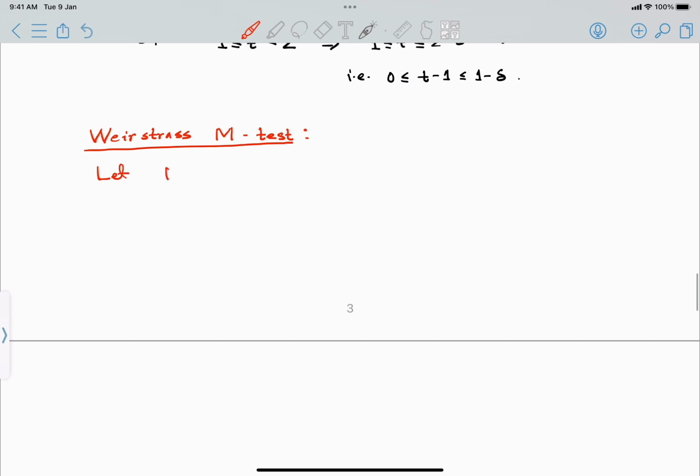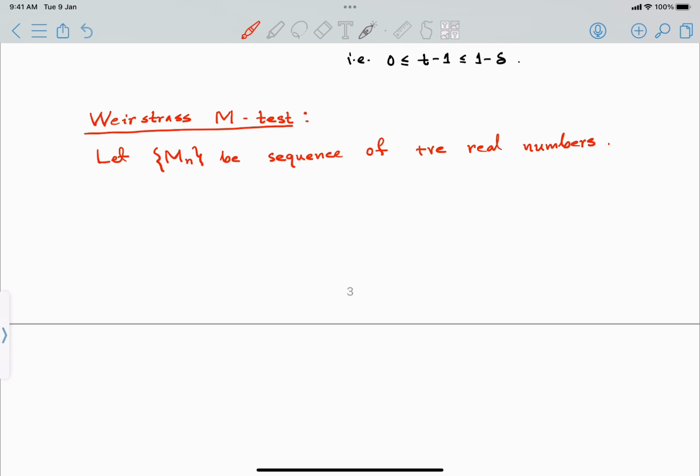Let M_n be a sequence of positive real numbers, and suppose |f_n(x)| is less than M_n for all n in the natural numbers and x in the domain we are dealing with.